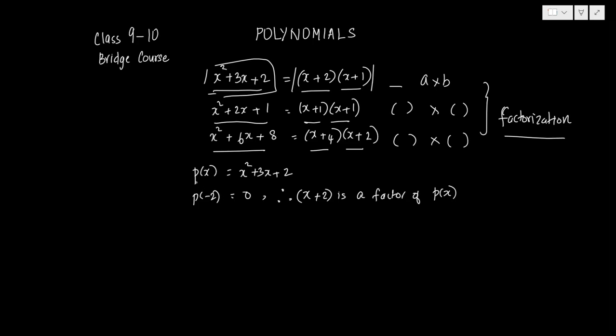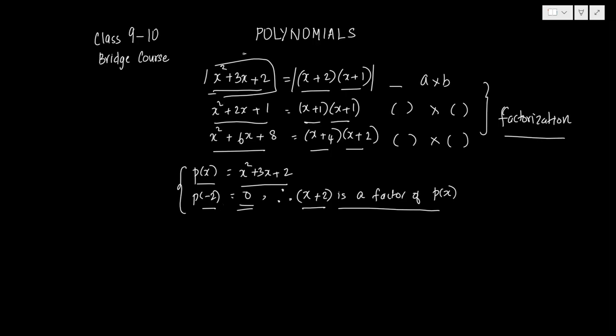One more concept before we go to the last part of this video. Let's take a polynomial x squared plus 3x plus 2. I substitute x is equal to minus 2 and I get the value of 0. So if I substitute x as minus 2 and I get the value of 0, then x plus 2 is a factor of polynomial p of x.